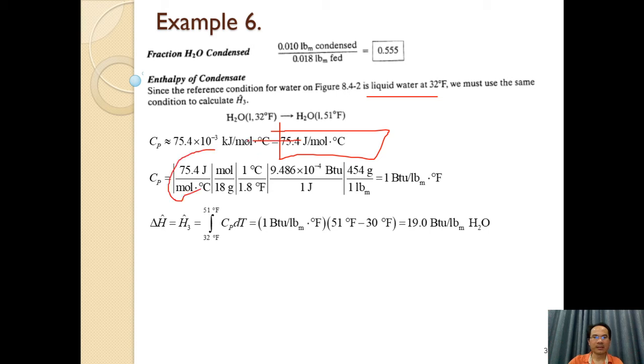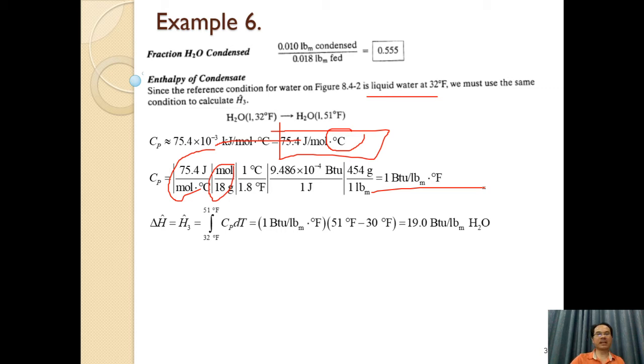This is the term, the molecular weight of water, and the difference between delta F and delta C. For this case, the unit is per delta C. That's right, 1.8 delta F equal to 1 delta C. Then you change from joule to BTU and from gram to pound. You get 1 BTU per pound per degree.